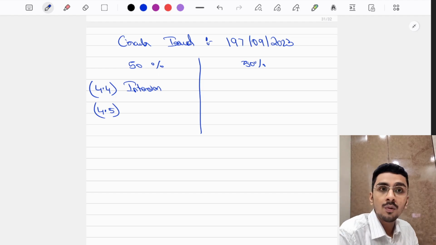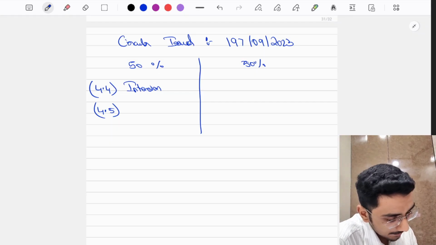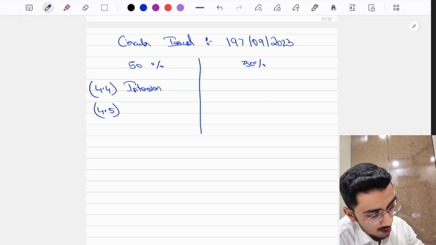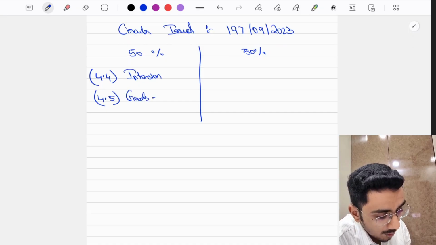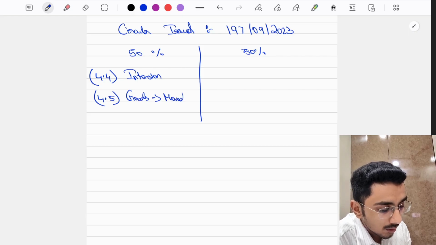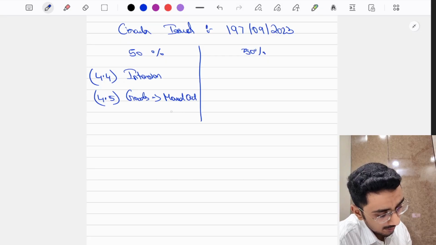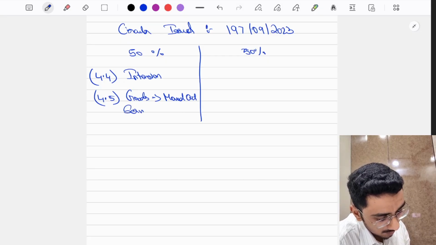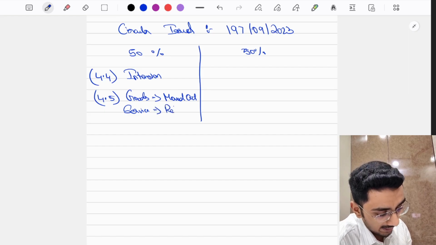There's para 4.5, which states that ultimately, in cases of goods, they should be moved out of India. And in case of services, our goal is to realize the amount.